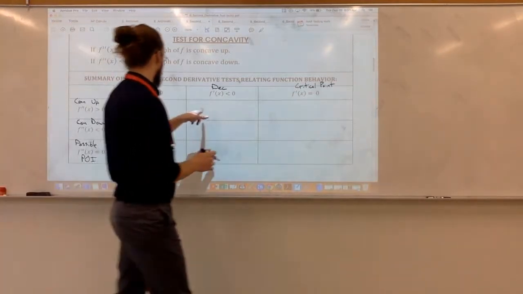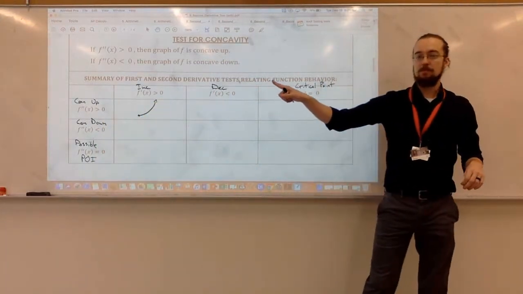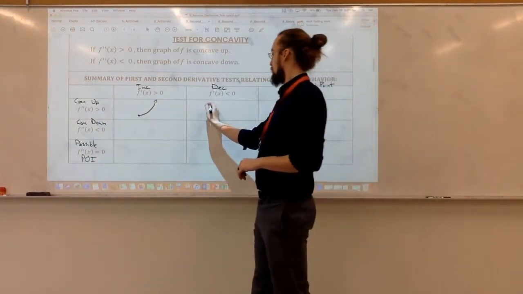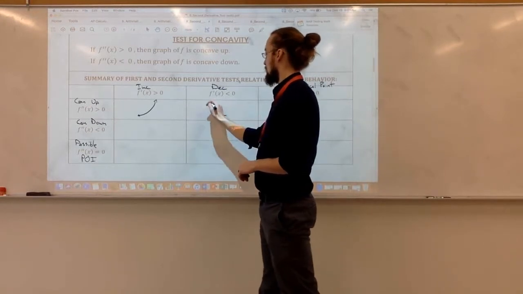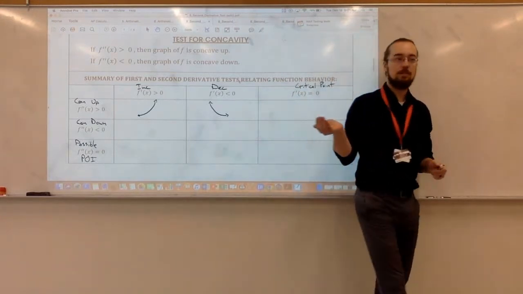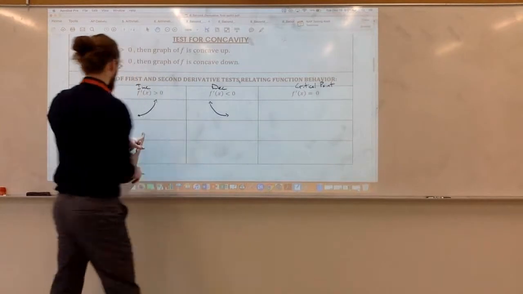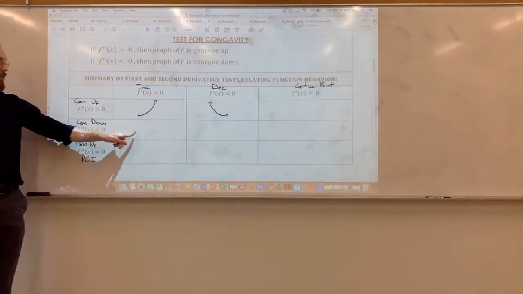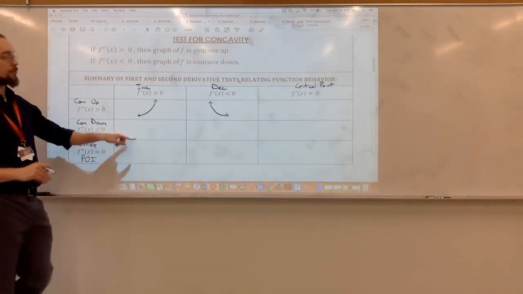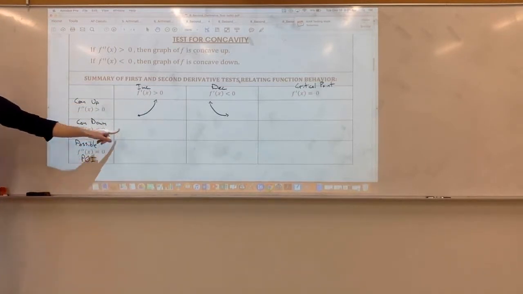So the next one, I'm saying it's concave up and decreasing. So that's going to be like this, right? Concave up and decreasing. Let's jump to this one before we do the edges of this box. Increasing and concave down.